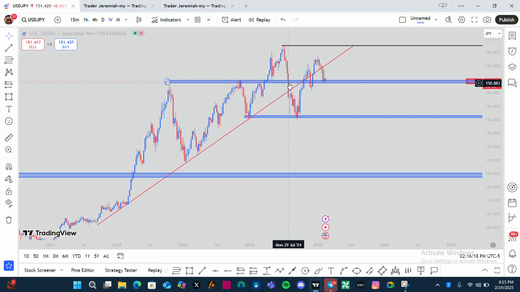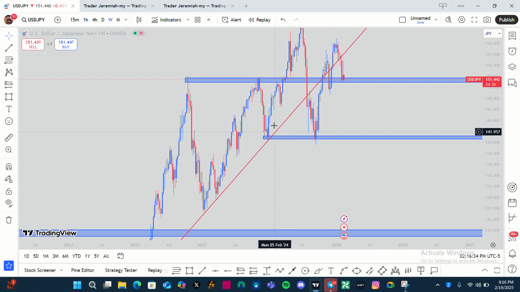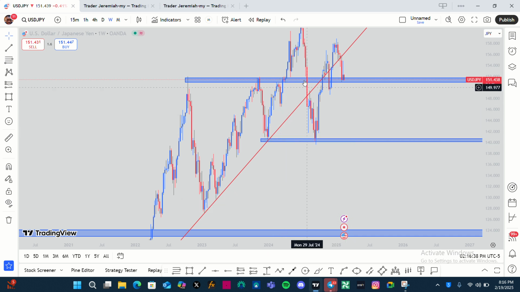If price wanted to create a higher low, price wouldn't break out of this trend line. Price would just create a higher low at a place like this. But price came down to create a double bottom, an equal low. So that signifies that price does not have enough strength to keep heading higher. So price wanted to head lower.